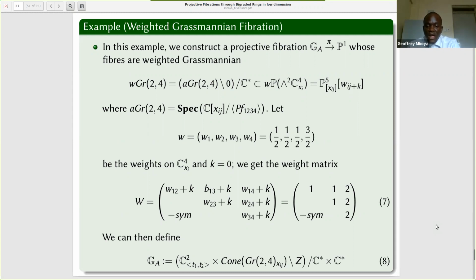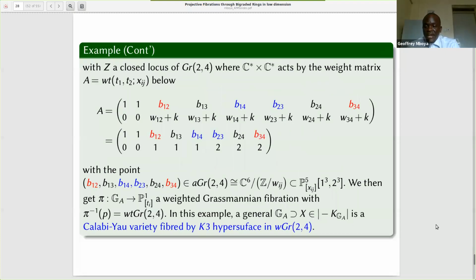I'm quoting it because this time I'm not going to take a product of affine spaces quotient by a torus action, but I'll replace one of the factors by a cone over Grassmannian G(2,4), and I take away some closed locus, and I assign that this action will be defined by this matrix of weights.